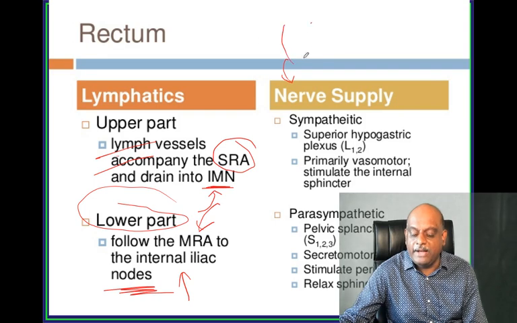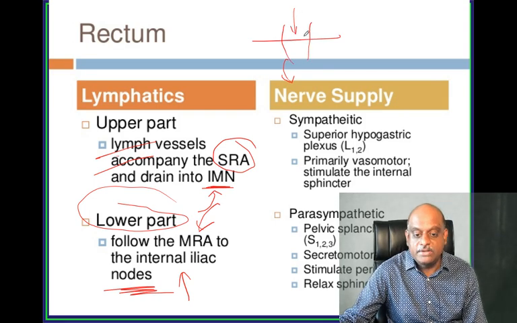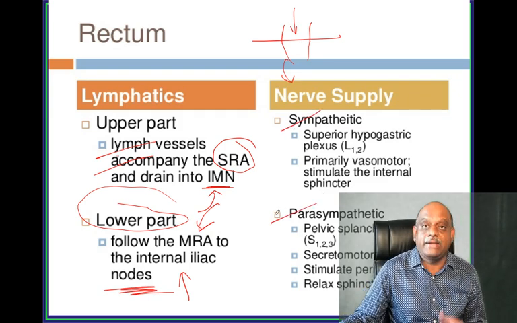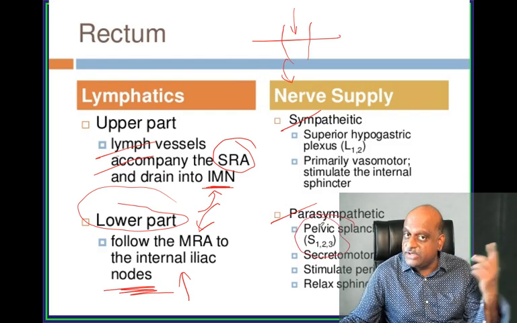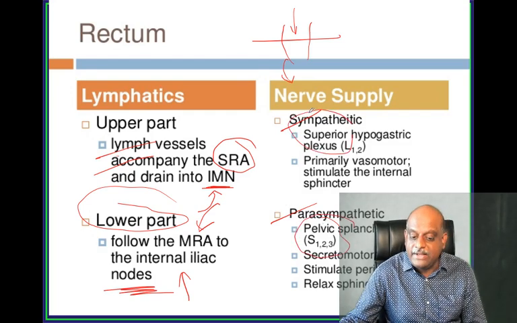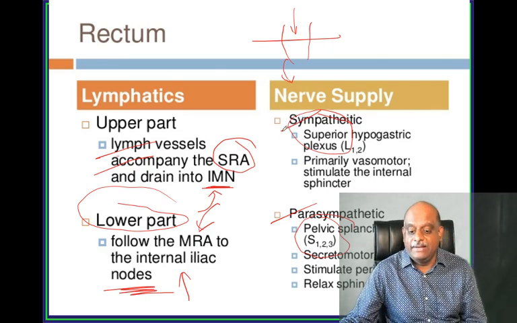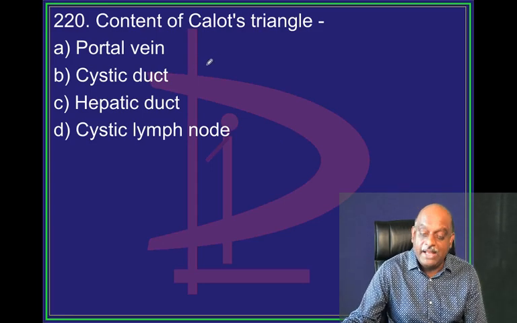Anything above pectinate line of the anus, rectum and anus typically is autonomic, sympathetic, parasympathetic. So parasympathetic supply of the rectum is pelvic splanchnic nerves S1, 2, 3 and sympathetic is superior hypogastric plexus, which is L1 and 2. That's what you need to remember.